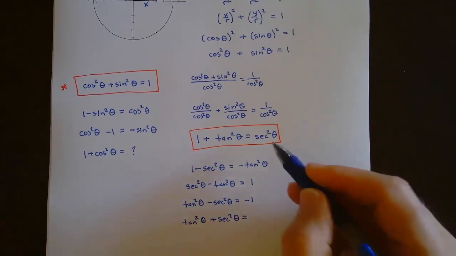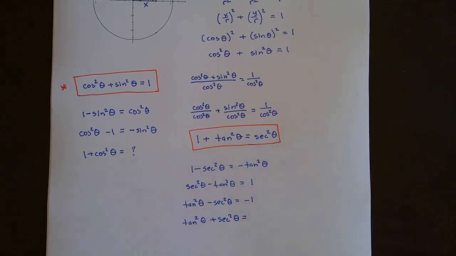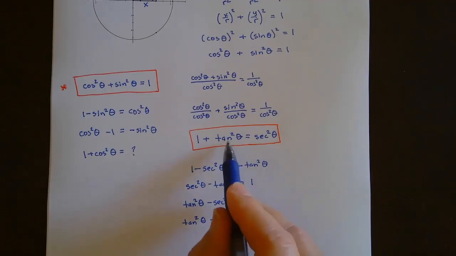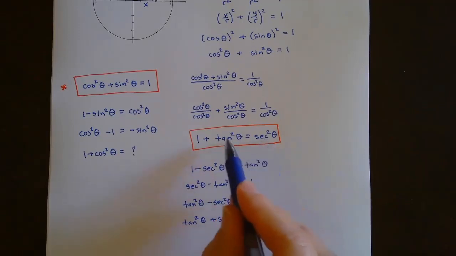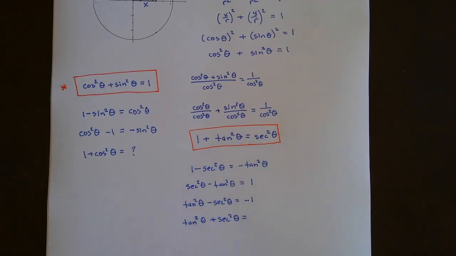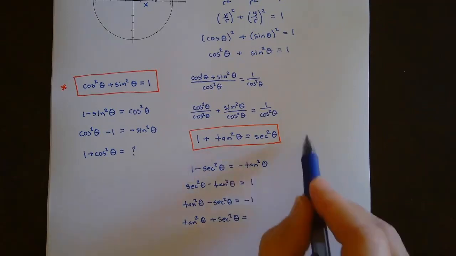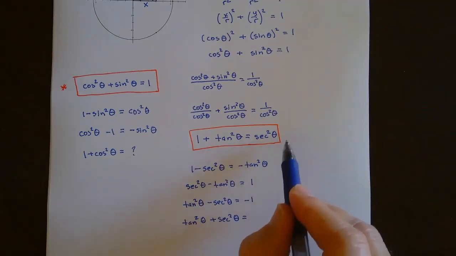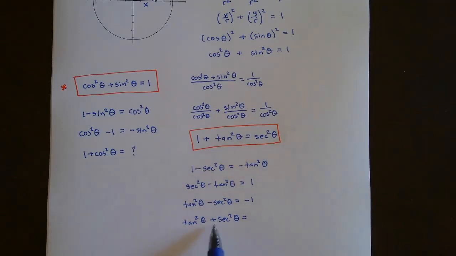There's no way to manipulate this and know what it's equivalent to, okay? Because tan squared theta is positive, right? If I move secant squared theta over there, it needs to be minus, right? If I move tan squared theta over here, then that would be secant squared theta minus tan squared theta, right? There's no way to get them to both be positive, right? So we don't know what this one equals. Okay, at least not yet.